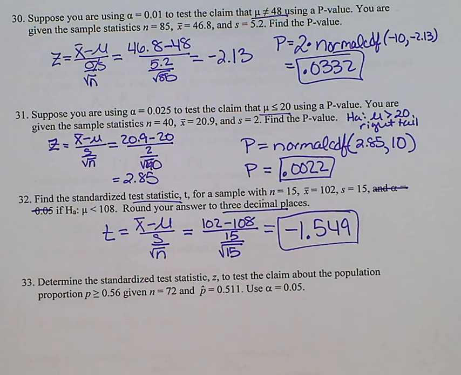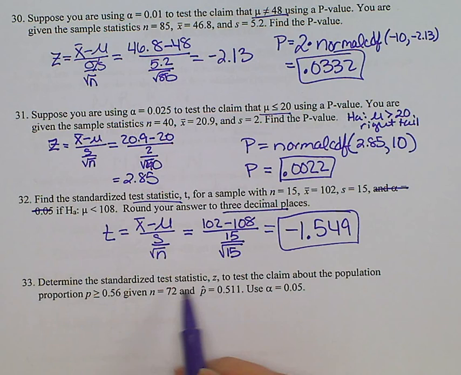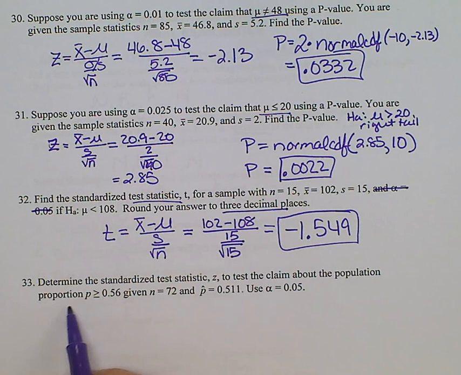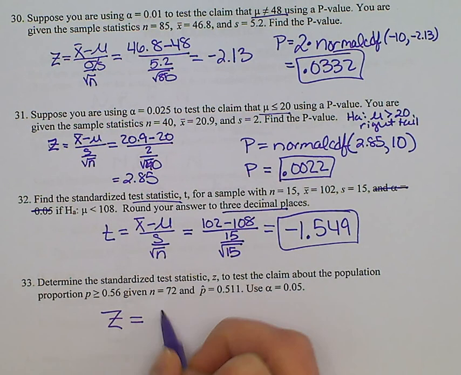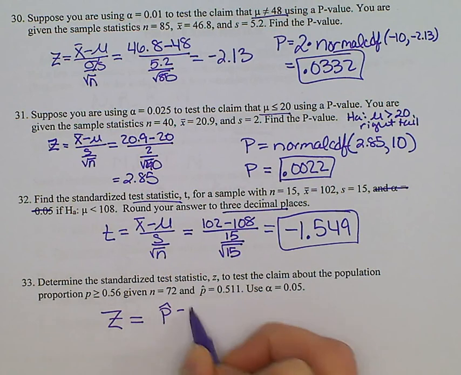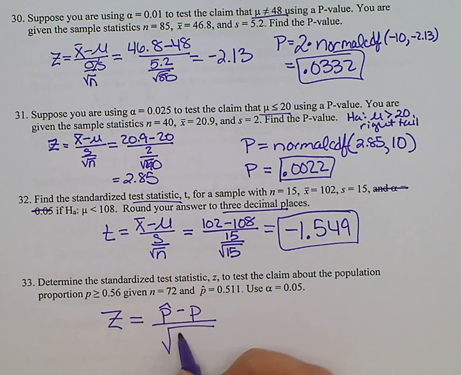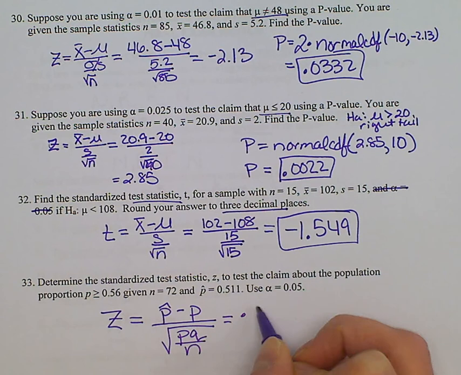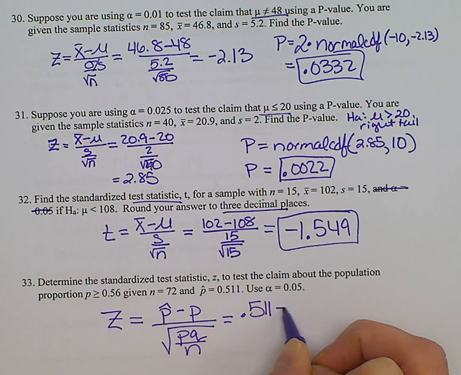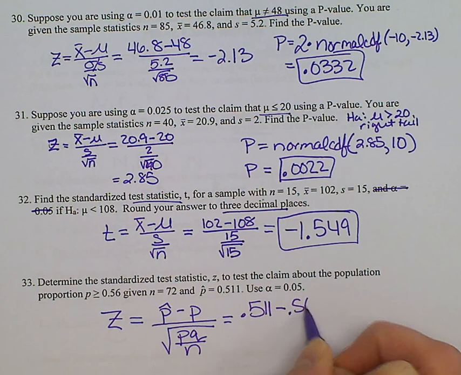Number 33. Determine the standardized test statistic Z to test the claim about the population proportion. So our test statistic for p is p hat minus p divided by the square root of p times q over n. p hat is 0.511. p is 0.56.